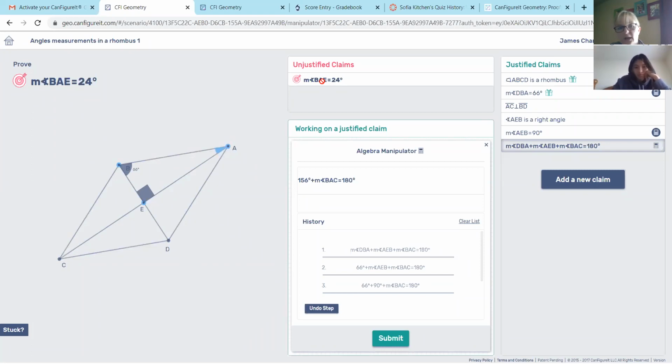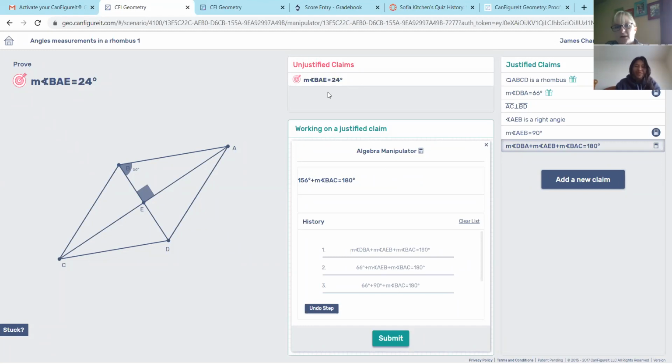So BAE, do you get that that's the exact same thing as angle BAC? Can you see that when you look at the picture? So right here, we're saying that the angle we want to know, if I add 156 to it, I get 180. What I'm thinking would be fast is if I just subtract 156 from both sides. What will it say if I do that? Will it basically say what I'm trying to get?